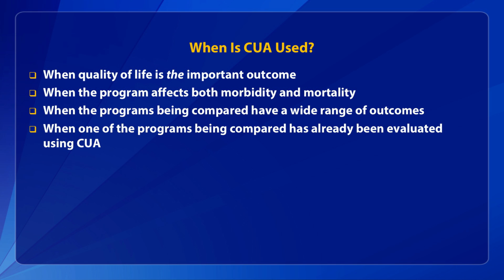An example is emergency medical services pre-hospital stroke care, which has long-term effects on recovery and disability. Cost-utility analysis can be used when comparing interventions that affect different health outcomes, like cancer versus cardiovascular disease prevention. Finally, cost-utility analysis should be used when comparing results to other studies that also employ cost-utility analysis as the economic evaluation methodology.